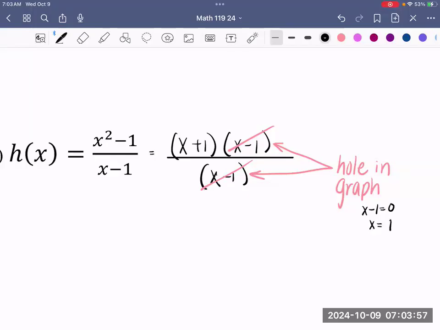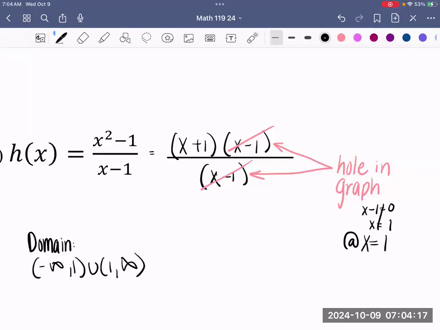So there's a hole when x is equal to 1. And again, this is a value that we don't want to happen. So for your domain here, we're going to go from -infinity to 1, union 1 to infinity.